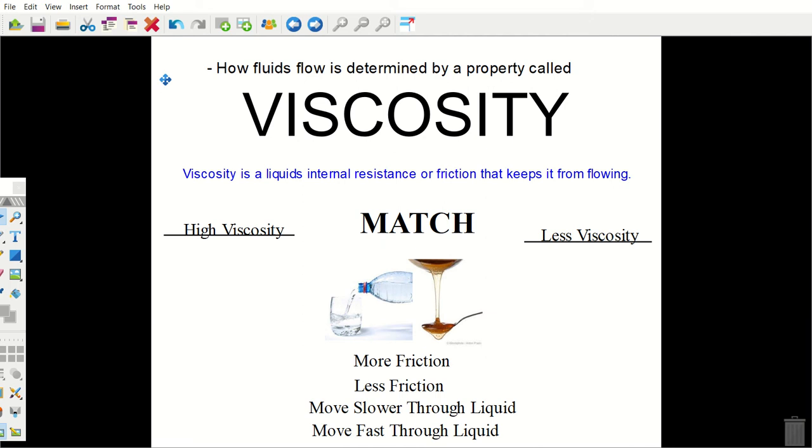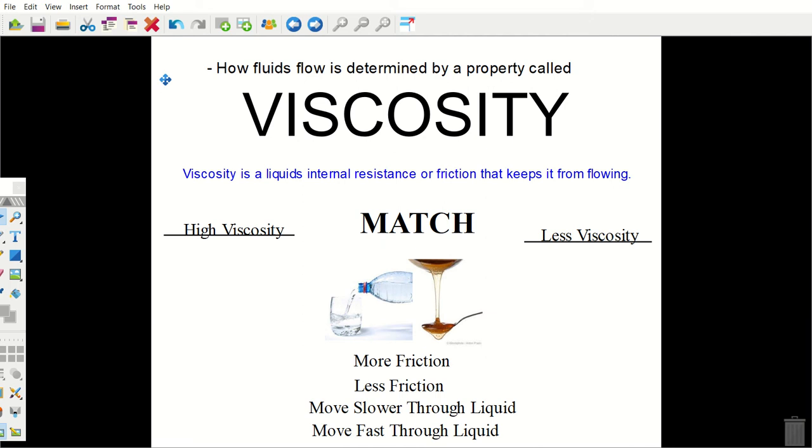However, in a jar of maple syrup, there's a great deal of internal friction or resistance, so things don't move so smoothly through it. If I were to drop a fishing hook in water, it would move through that water very quickly. If I were to drop a fishing hook into a jar of maple syrup, it would take a long time, if it could at all, to sink to the bottom because of the friction and resistance of the particles within there.